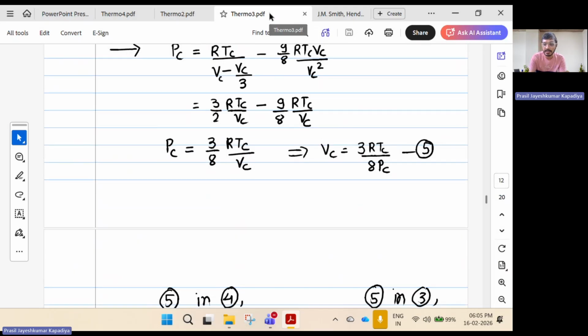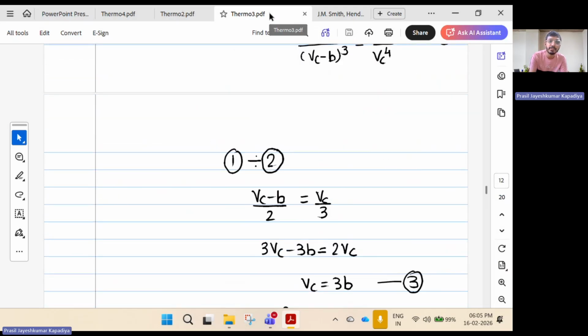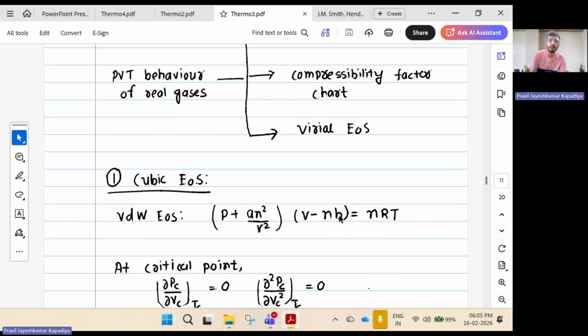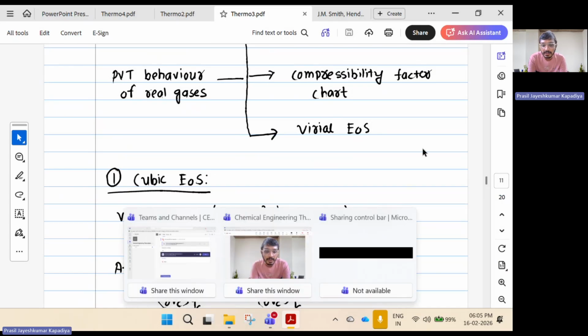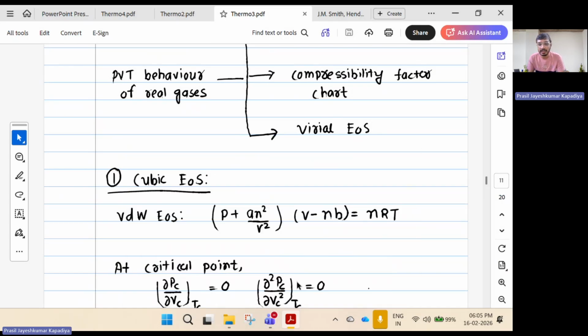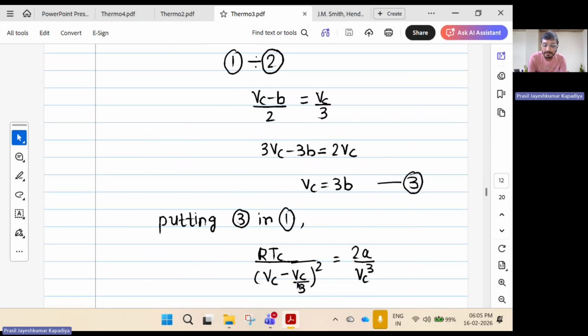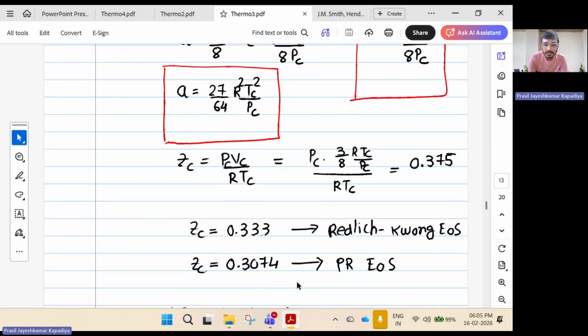When we went from ideal gas to real gas in the van der Waals equation of state, we tried to incorporate those two terms, A and B. A took into consideration intermolecular interactions, and B took care of the size of the volume occupied by one molecule. From this van der Waals equation of state, we found the constants A and B.